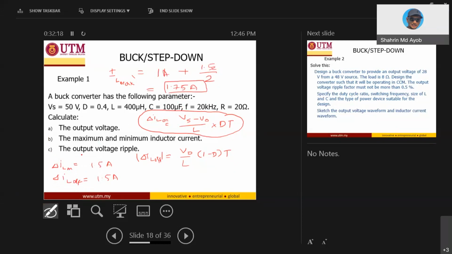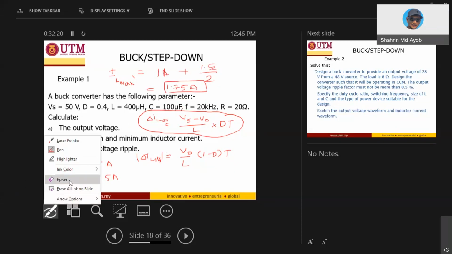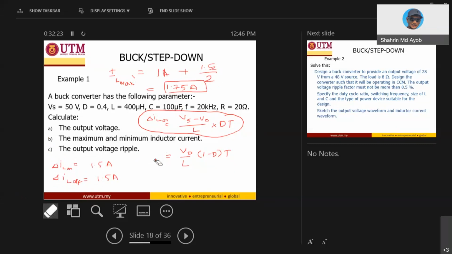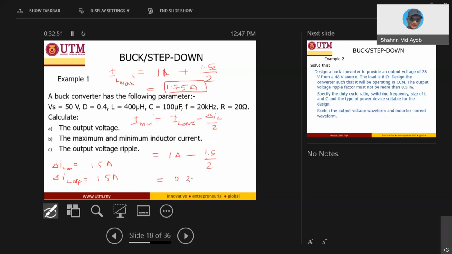Kan? And for I min, so I min is IL average minus delta IL over 2. So IL average you have already obtained 1 ampere minus 1.5 over 2. So berapa? 0.25. 0.25.